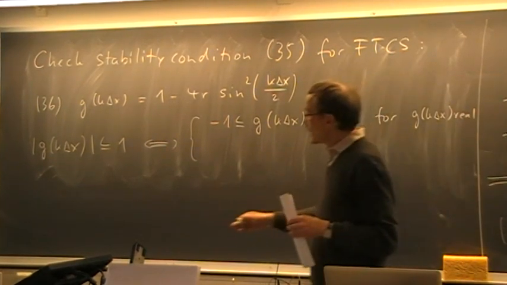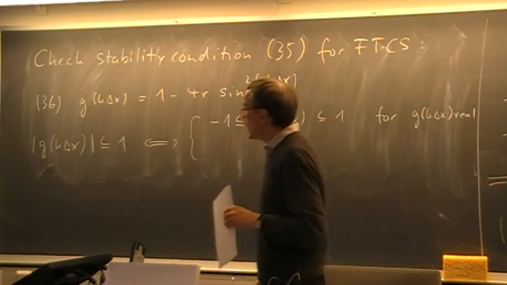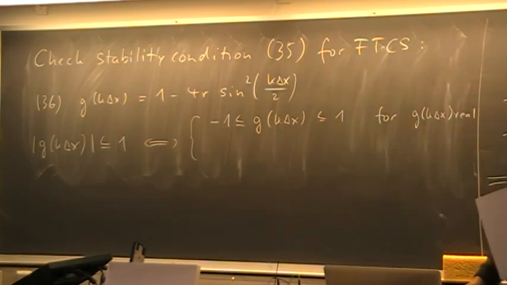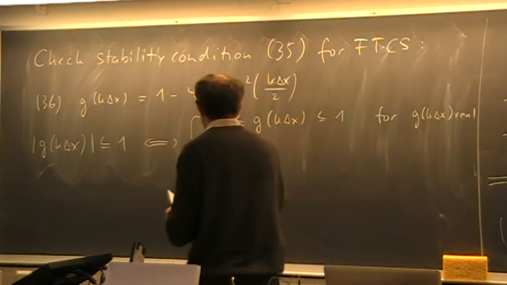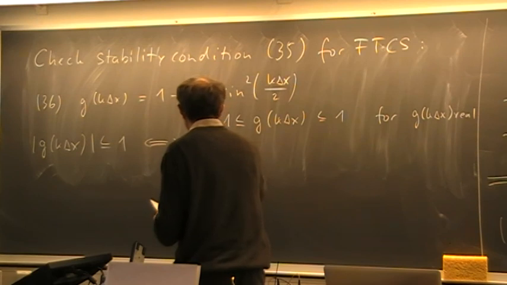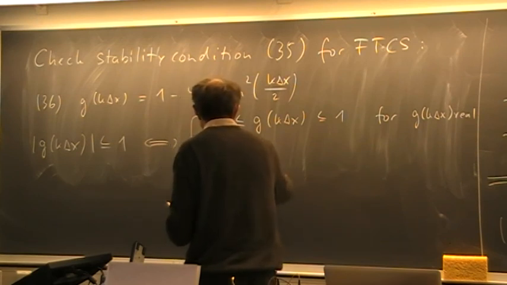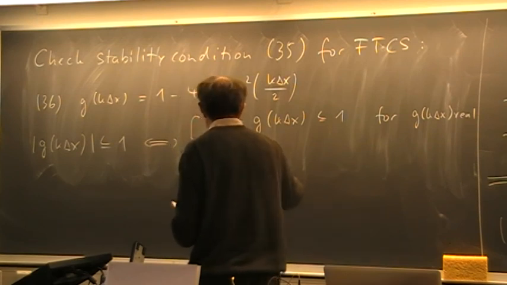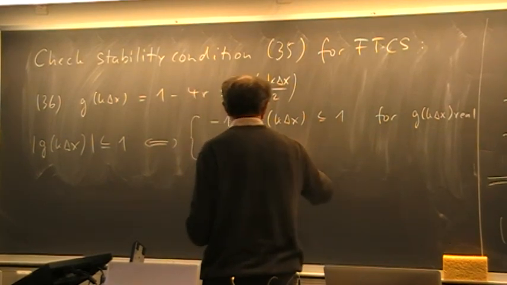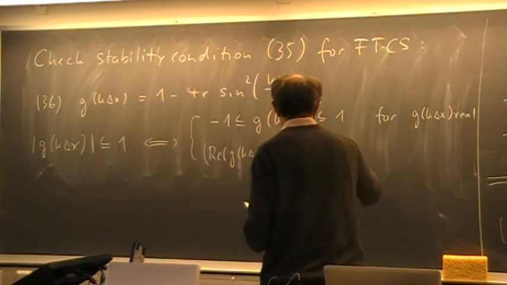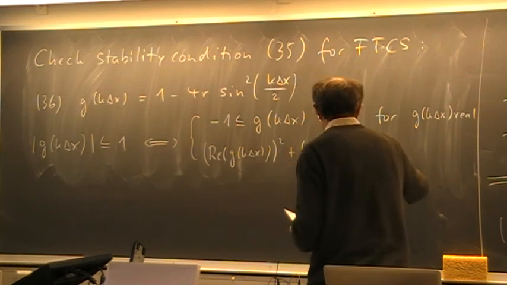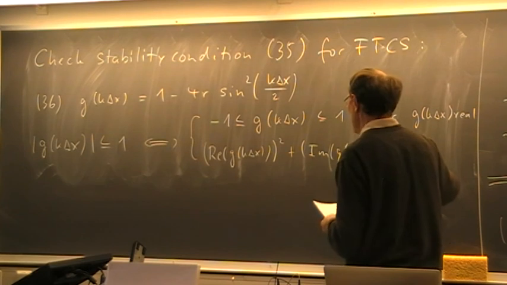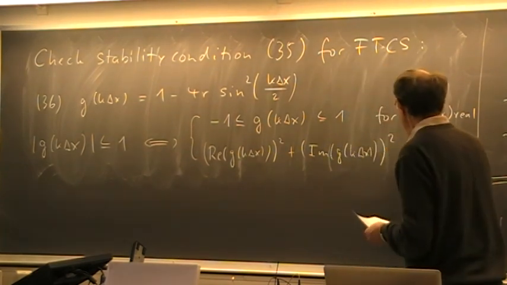When it's complex, it's easier to take the absolute value squared. That means we have the real part of g of k delta x squared plus the imaginary part of g of k delta x squared, and that has to be smaller or equal than 1.